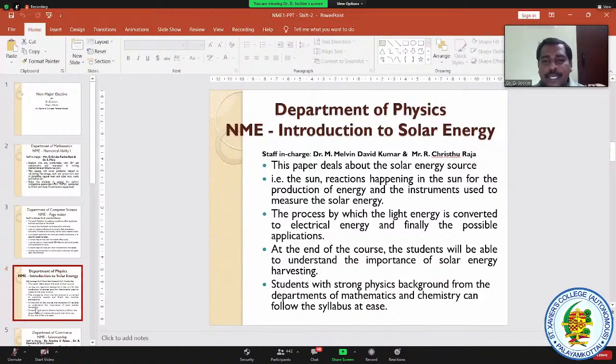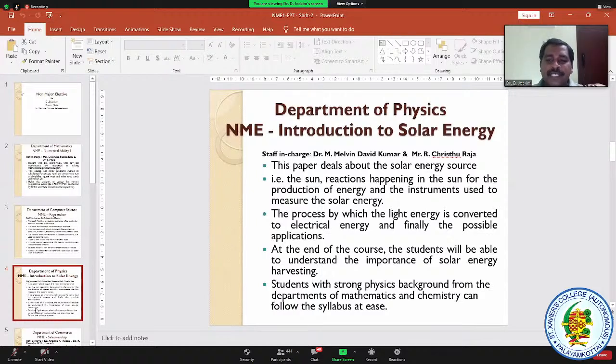The process by which light energy is converted to electrical energy, and finally the possible applications, are discussed. At the end of the course, the students will be able to understand the importance of solar energy harvesting. Students with a strong physics background from the departments of mathematics and chemistry can follow the syllabus with ease.